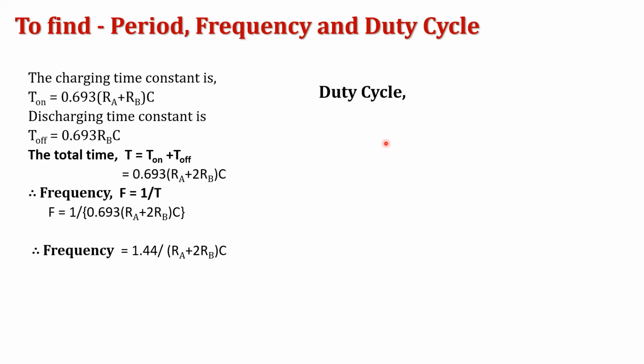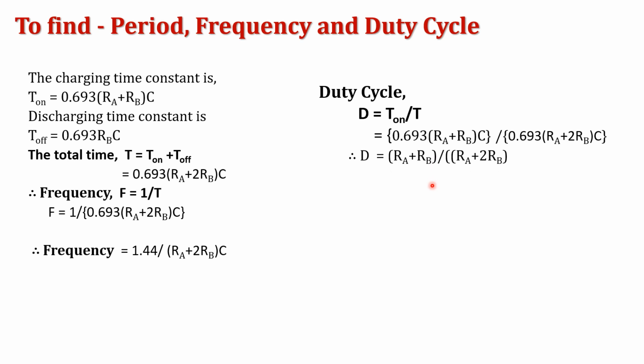Then we find the duty cycle, which we defined earlier as the ratio of T on to total time. We put the same relations in the numerator and denominator and simplify. For the numerator, T on is 0.693 multiplied by (RA plus RB) multiplied by C. For the denominator, total time T is 0.693 into (RA plus twice RB) multiplied by C. Here 0.693 is common to the numerator and denominator, so it gets cancelled.